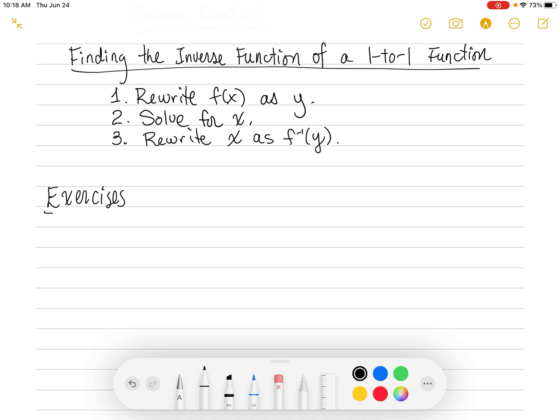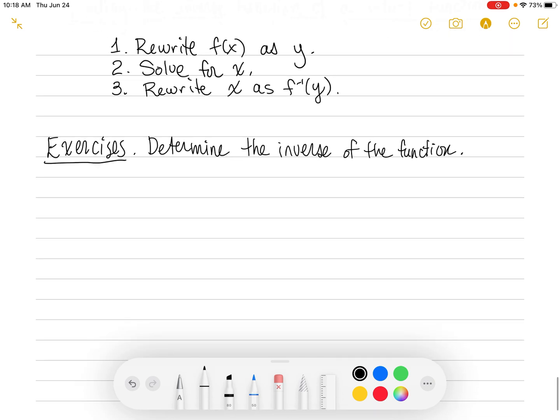So it seems simple enough, but there's a lot of tricky algebra oftentimes in doing it. So I'll just do a couple of exercises here. Let's say the instructions are to determine the inverse of the function.